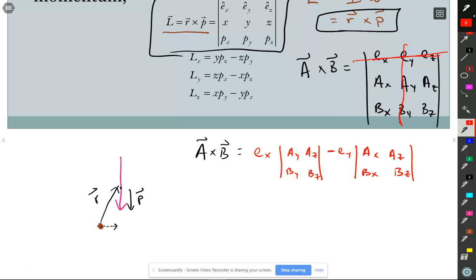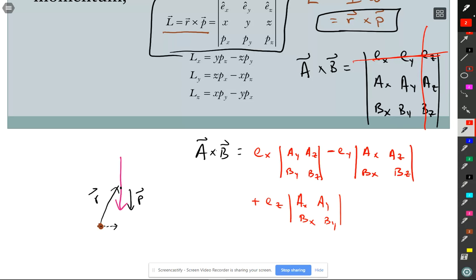For the first one, I had taken out that row and that column. And so for the third one, I'll take out this column, change the sign again, plus E z, ax, ay, bx, by.